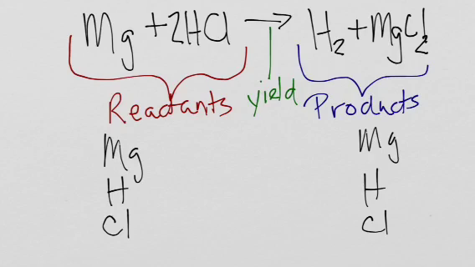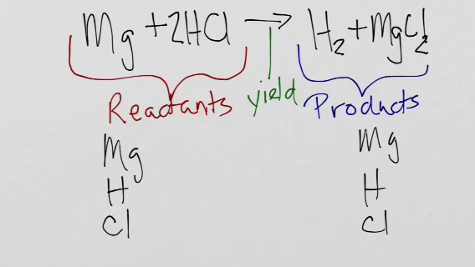The magnesium goes to the chlorine and says, come on over here with me, and bonds to the chlorine, and the hydrogen is left by itself. Okay? The same elements are involved, they just get rearranged on the product side. Does that make sense?